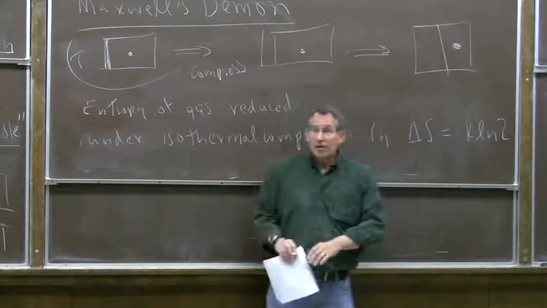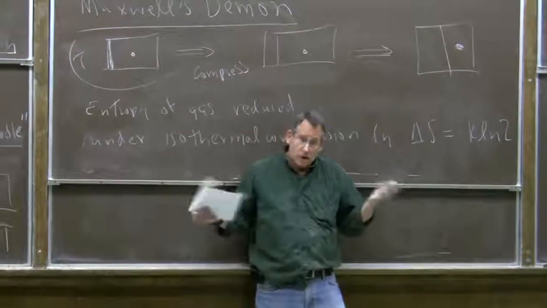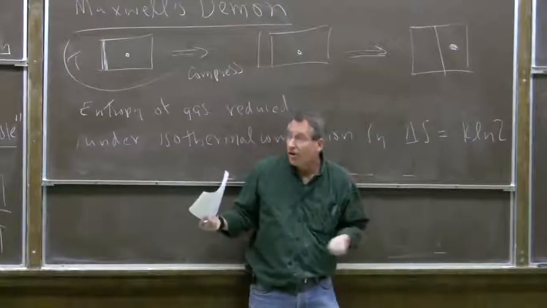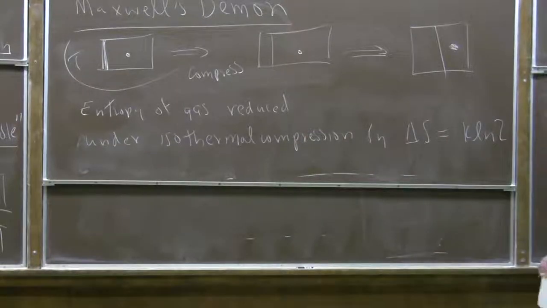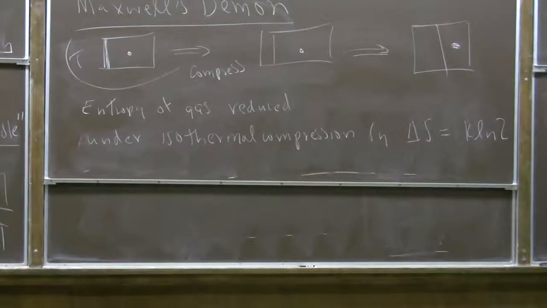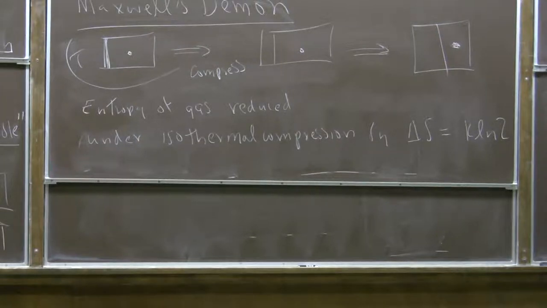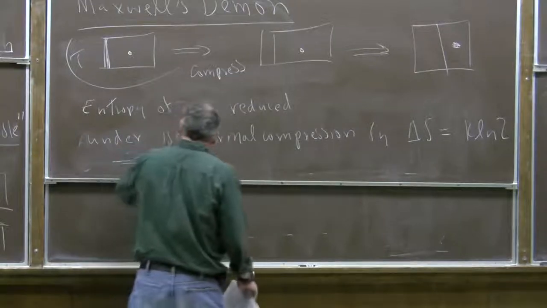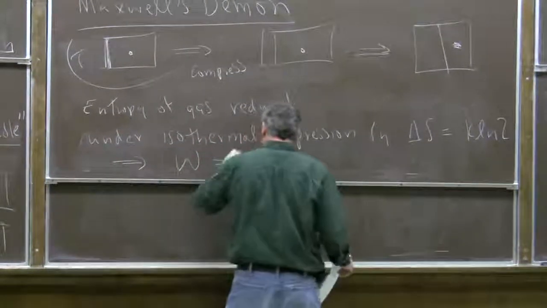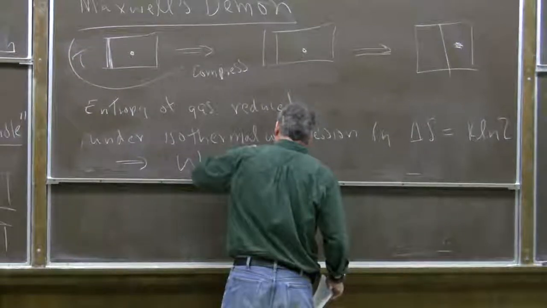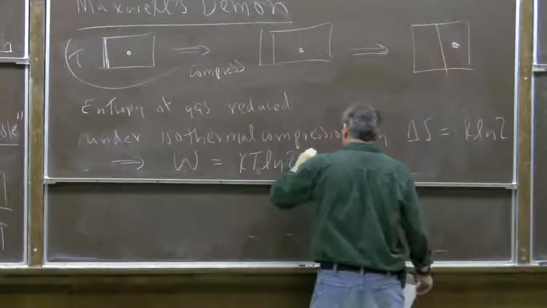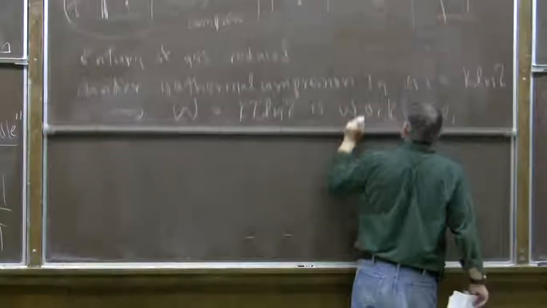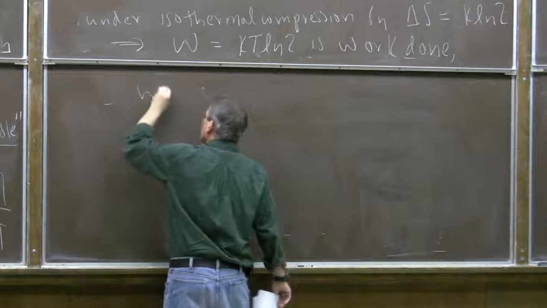So where does that entropy go? Well, where does it go? It goes back to the reservoir, right? Because I'm compressing, I'm doing work on the gas, but it stays at temperature T-op. So there's going to be heat flow from the gas back to the reservoir. So W equals KT log 2 is the work done, hence heat flow back to the reservoir.